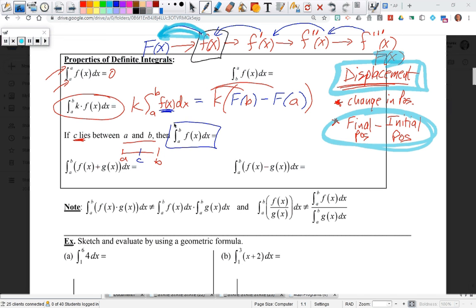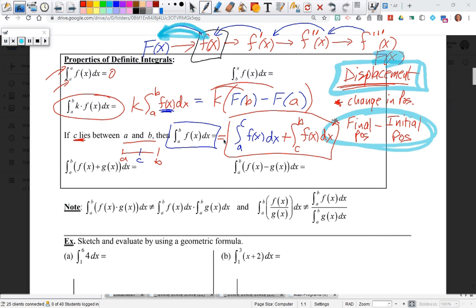So, like the integral of f of x from a to c with respect to x, plus the integral from c to b of f of x with respect to x. Those 2 boxes are equal. You see what I just did?